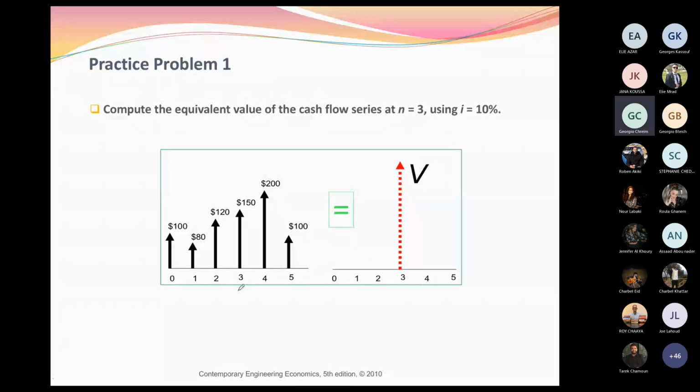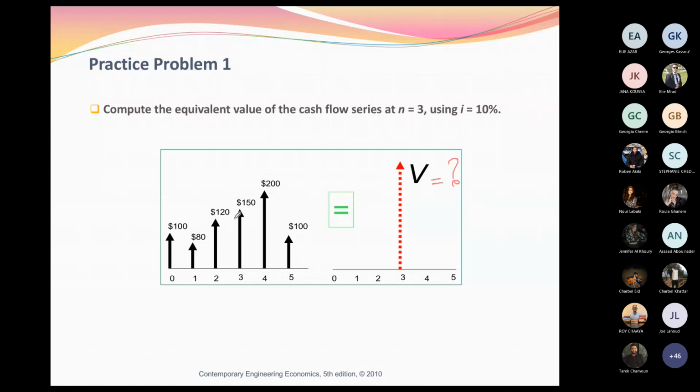I need to compound everything before 3. Bravo. Everything after 3 I need to discount. After 3 I need to discount, and before 3 I need to compound.